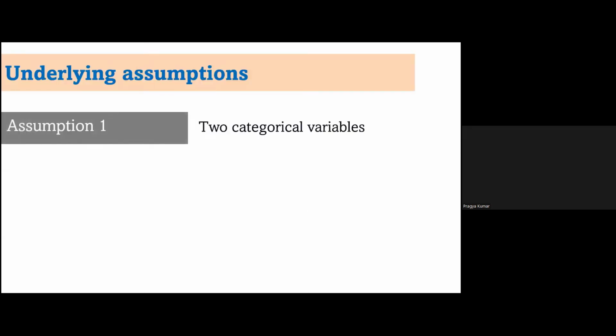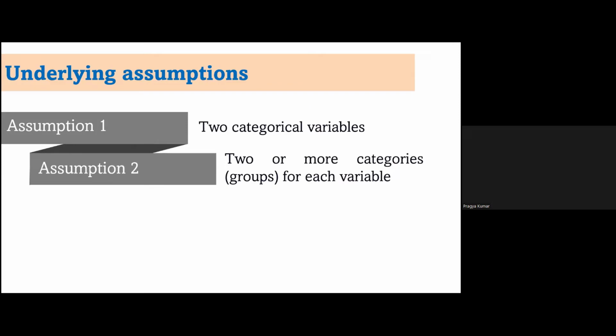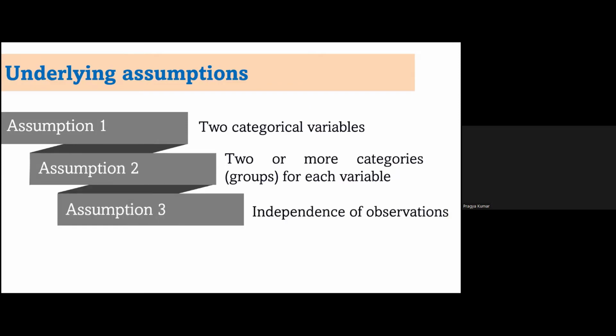So the underlying assumptions for this chi-square test are that there should be 2 categorical variables. There can be 2 or more levels for each of these categorical variables. And there should be independence of observation. We have seen what independence of observation means.